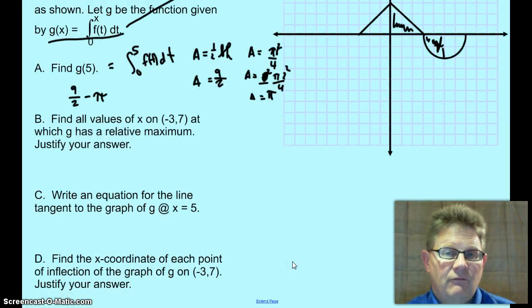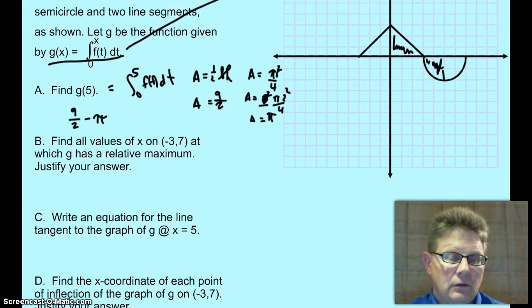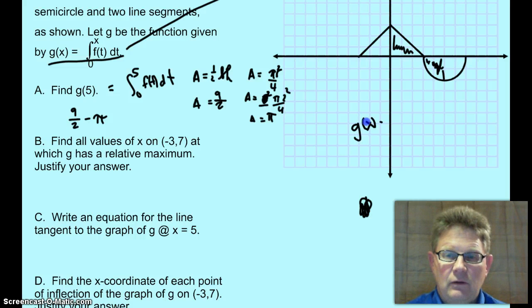Alright, B. Find all values of x on negative 3, 7, that open interval, at which g has a relative maximum. Justify your answer. Okay, the cool thing about the way this function is written, G of x equals the integral from 0 to x f of t dt.